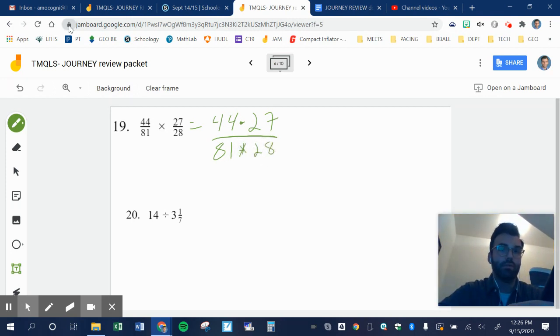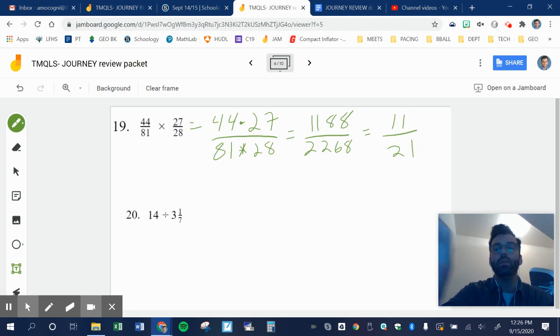So 44 times 27, I get 1188 over 81 times 28, 2268. Always reduce, to get 11 over 21.